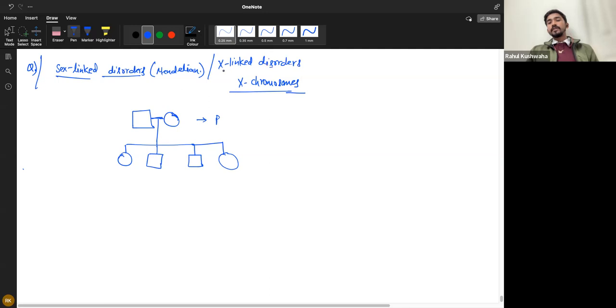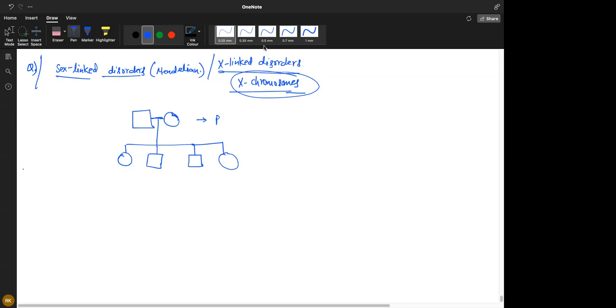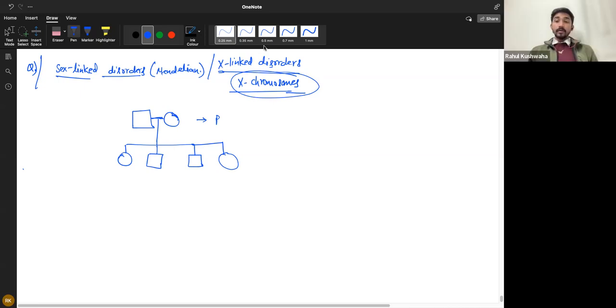Hypothetically, it can also be on the Y chromosome, because Y is also a sex chromosome, but the Y chromosome is the smallest chromosome, containing just somewhere around some hundreds of genes, and out of those, even fewer are responsible for male sex characters. So most of the time it is on the X chromosome, correct? Yes. All the ones in your syllabus that we are going to study are mostly X-linked disorders.